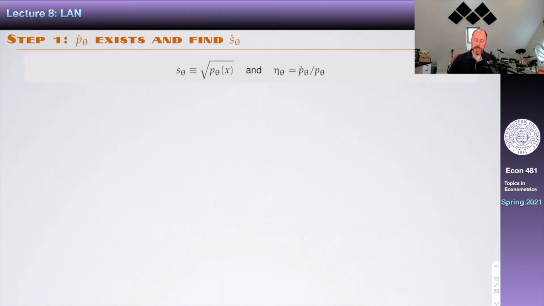Okay, step 1, we're going to argue that p dot theta exists and find an expression for s dot theta, sorry. So let's say the following. Let the map s theta squared, which is p theta, is continuously differentiable by the chain rule.